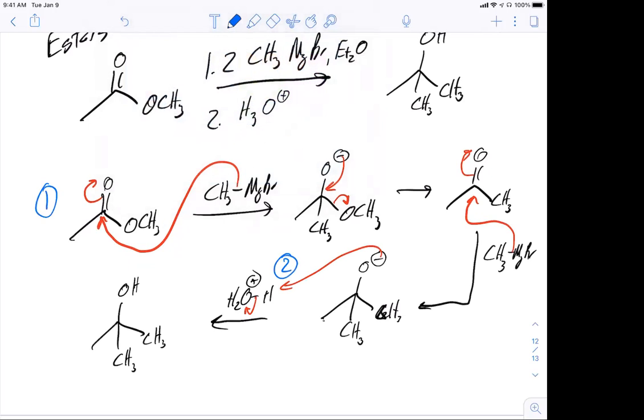Second step is the protonation. So ketones and aldehydes, we get one addition of the Grignard. In esters, we get two additions of the Grignard. Questions about this one?